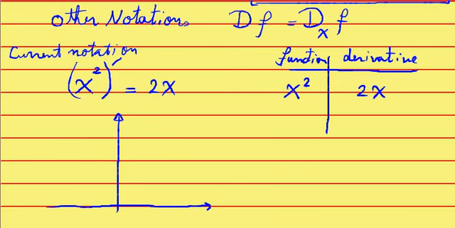x squared is a parabola, of course. So we could just go ahead and draw some parabola, if I can draw it nicely. Okay, it became a bit crooked here.